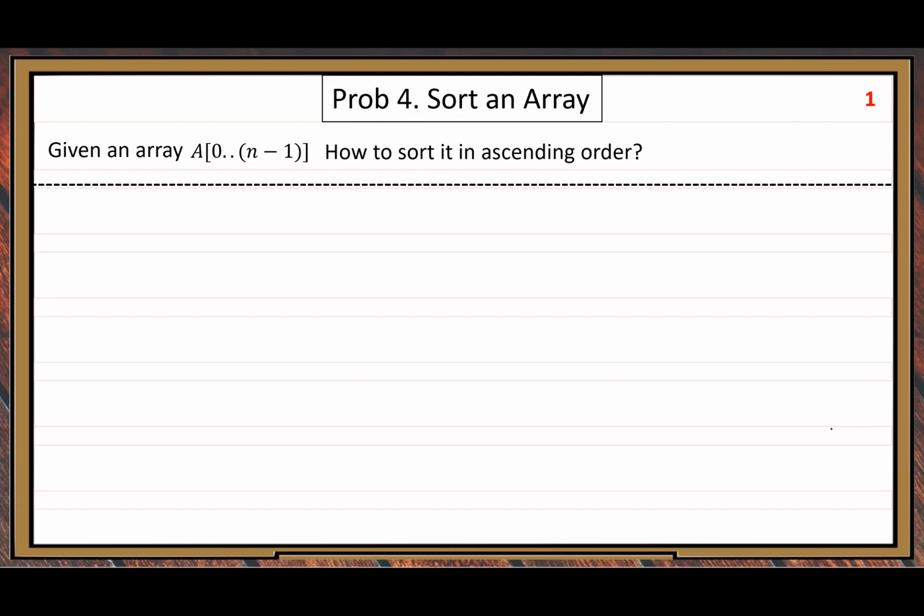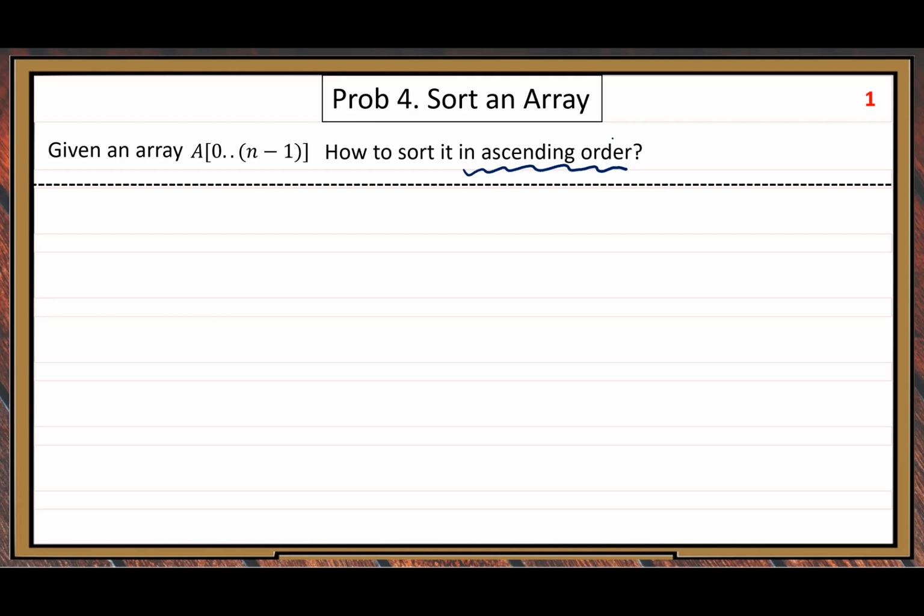Ascending order here by default, if I do not mention what order, we mean ascending order. If we like to do something in descending order, I have to say the word descending.